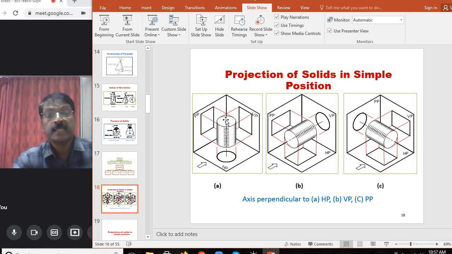Simple position means the base of the cylinder is parallel to HP, VP, or the profile plane. In other words, the axis is perpendicular to the horizontal plane, or perpendicular to the vertical plane, or perpendicular to the profile plane. So these are the three possible conditions of a solid in simple positions.